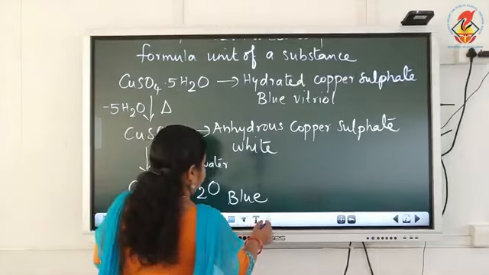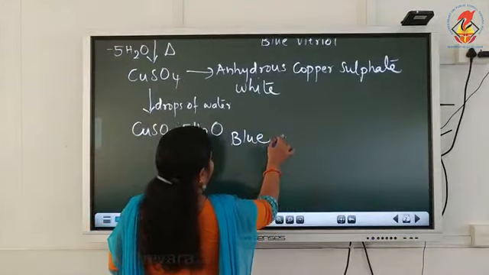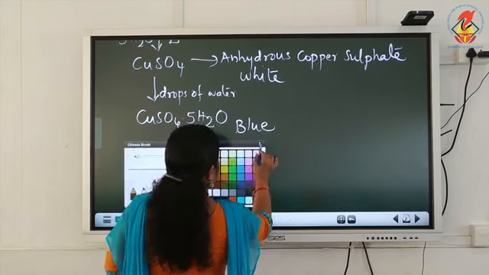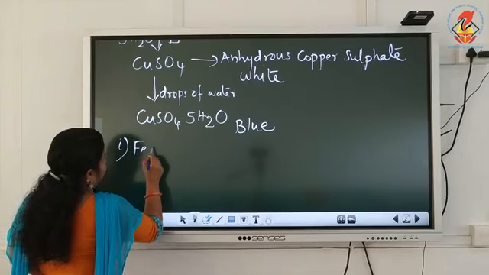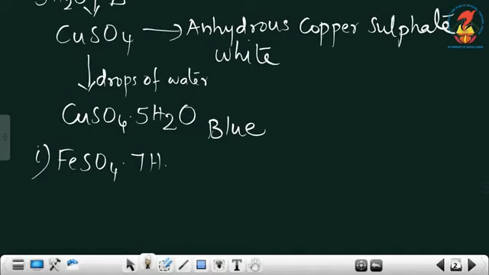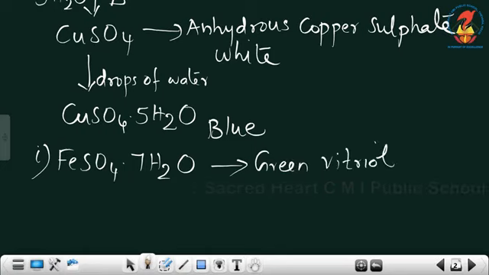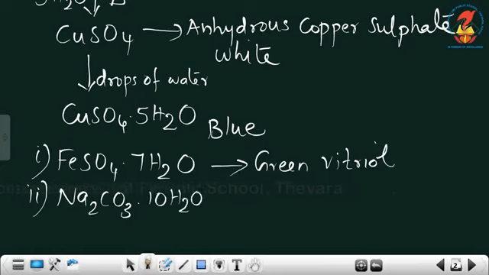Now we will see other examples of compounds with water of crystallization. One example is iron sulfate, FeSO4·7H2O. Hydrated iron sulfate, it is commonly known as green vitriol. It is green in color, so it is known as green vitriol. Then washing soda, we already saw, Na2CO3·10H2O.